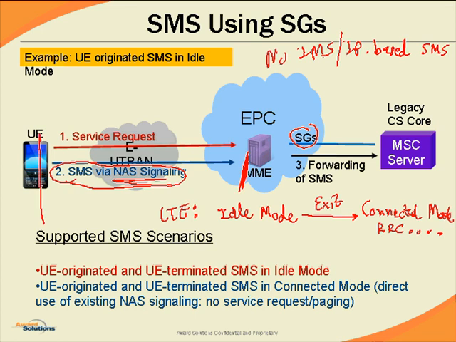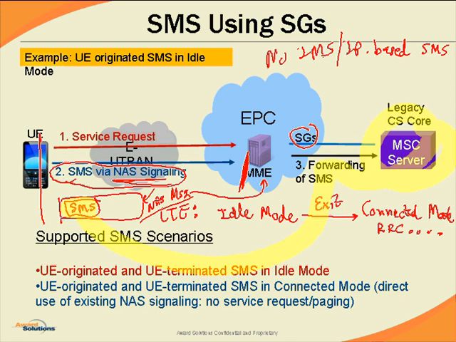So we can put SMS inside a NAS message. So when the MME opens up that message, it will find that there is this SMS inside, and it will then forward that to the legacy circuit switch network, more specifically the MSC server.